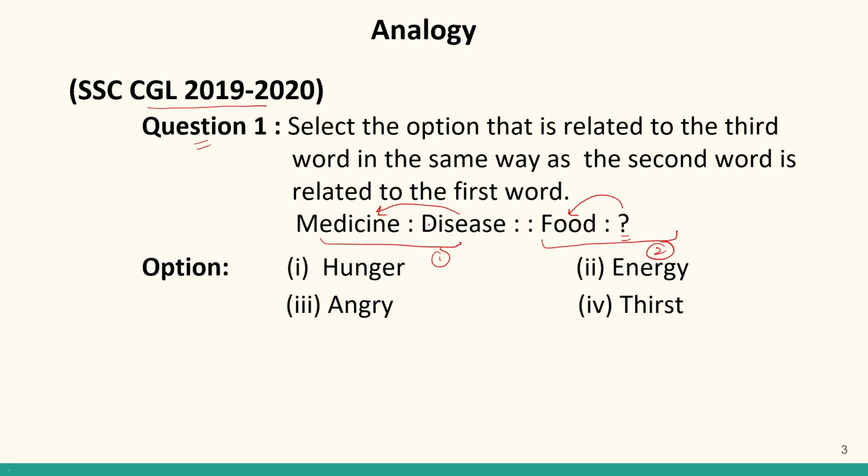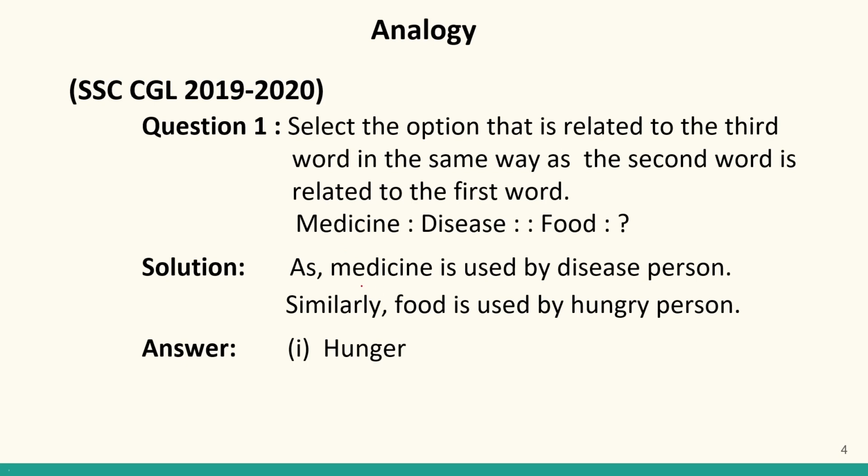So over here you can see that medicine cures disease. Similarly, food can cure hunger. So our answer will be option number 1, hunger. So you can see over here, this is the solution. Medicine is used by a diseased person. Similarly, food is used by a hungry person.